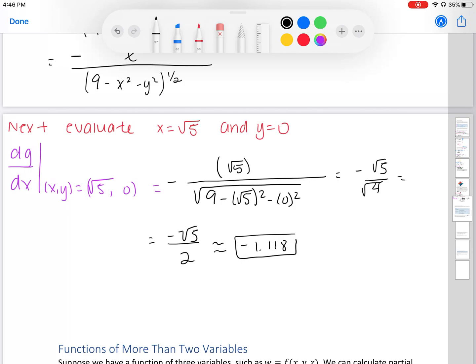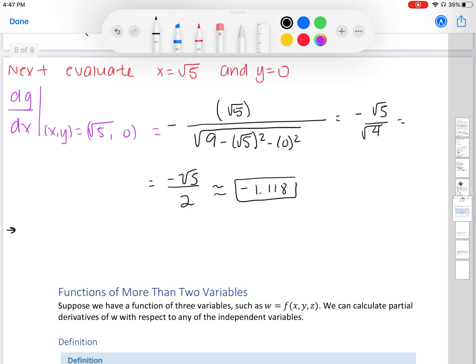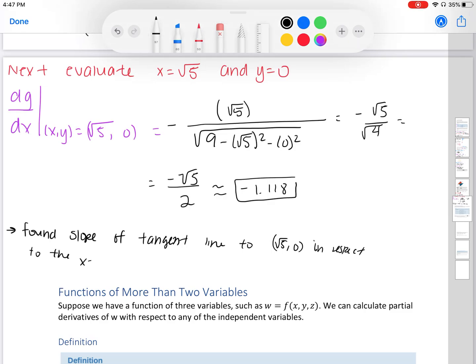We found the slope of the tangent line parallel to the x-axis in correspondence to the point negative square root of 5 and 0. And why x-axis? Because we took the derivative in terms of x.